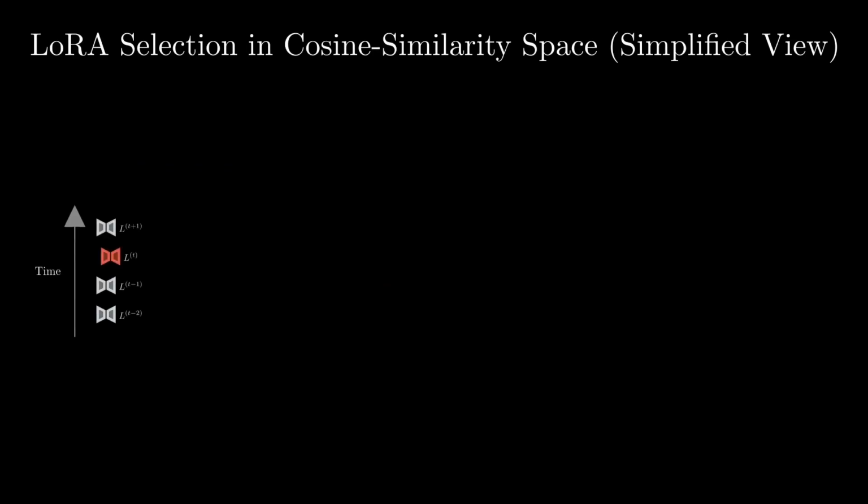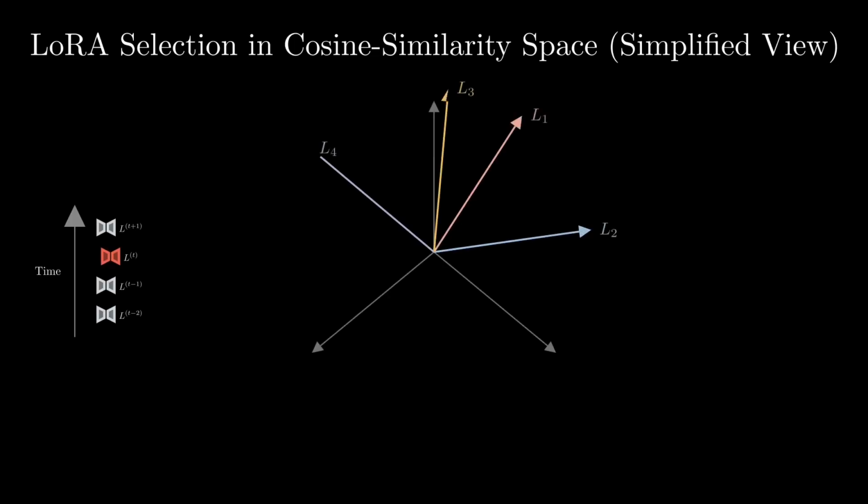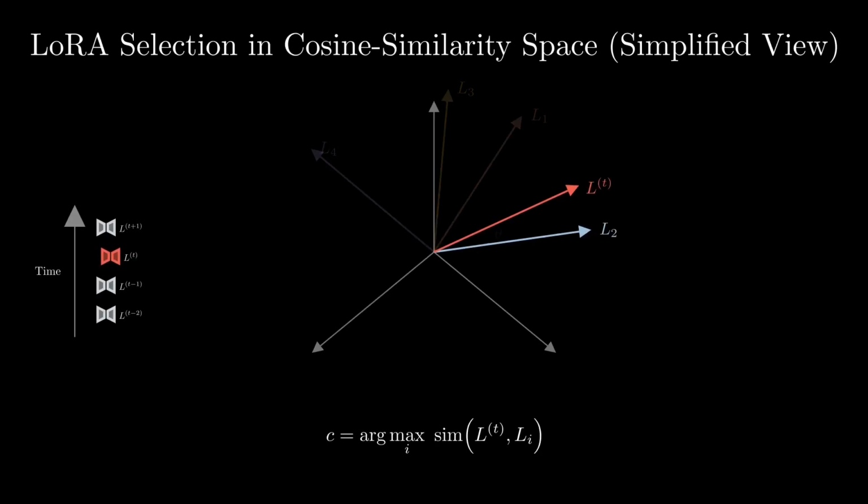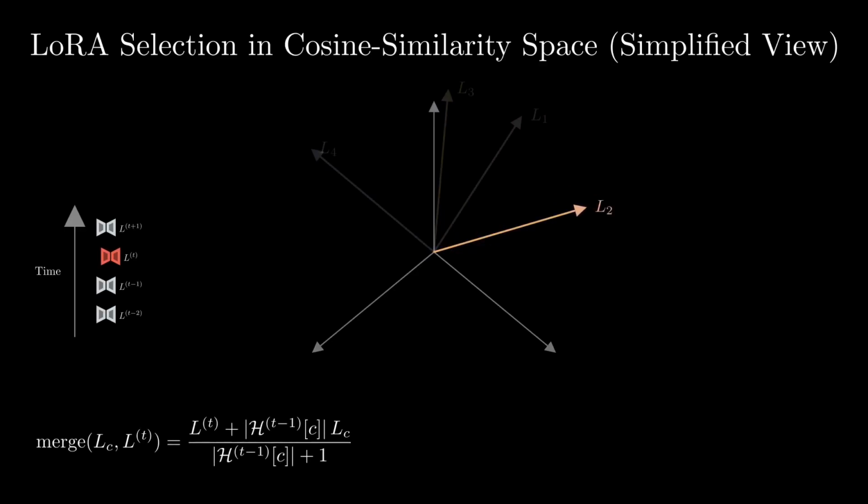We treat each LoRA as a vector. We project the incoming model, find the closest by cosine similarity, and merge them. The merge rule is a running mean that accounts for the history of merges, shown here. In practice, the similarity is computed on the flattened LoRAs and averaged over layers and projections.